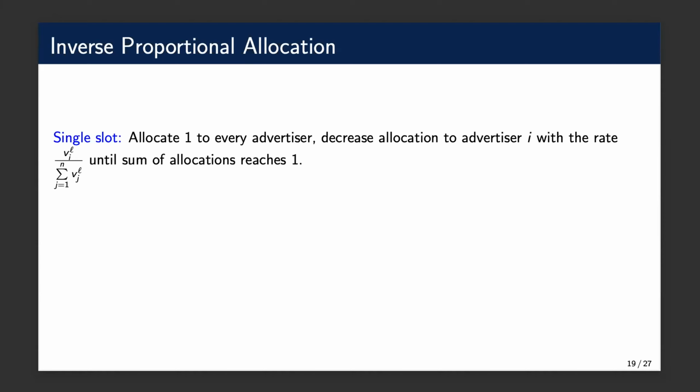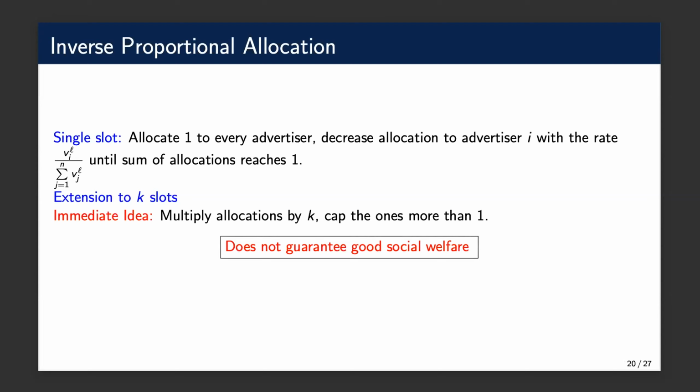Now, in order to generalize this, before going to the most general case, let's consider a case where the slots are all identical to the advertiser. So our beta and alpha values are all 1. Let's see what happens in this generalization. An immediate idea that comes to mind is to simply multiply every allocation in the single slot case by k. This is all good if none of these values exceeds 1.